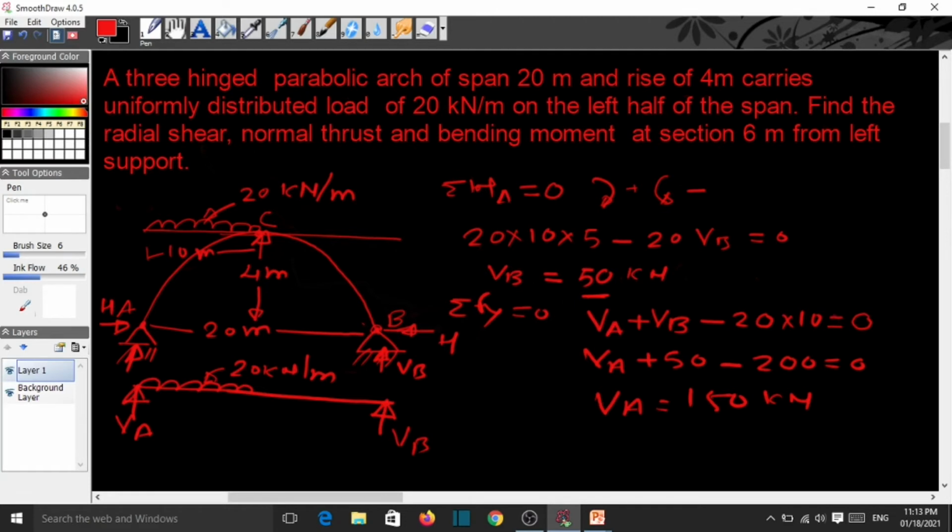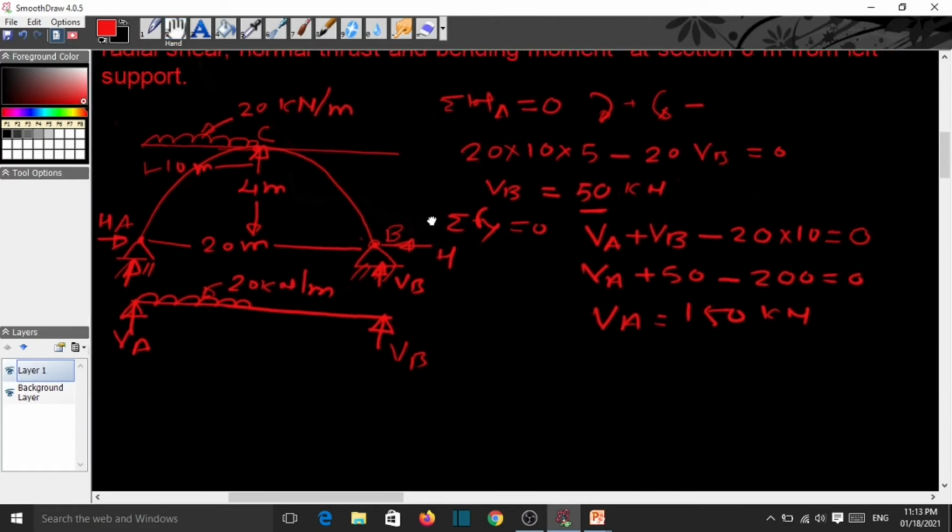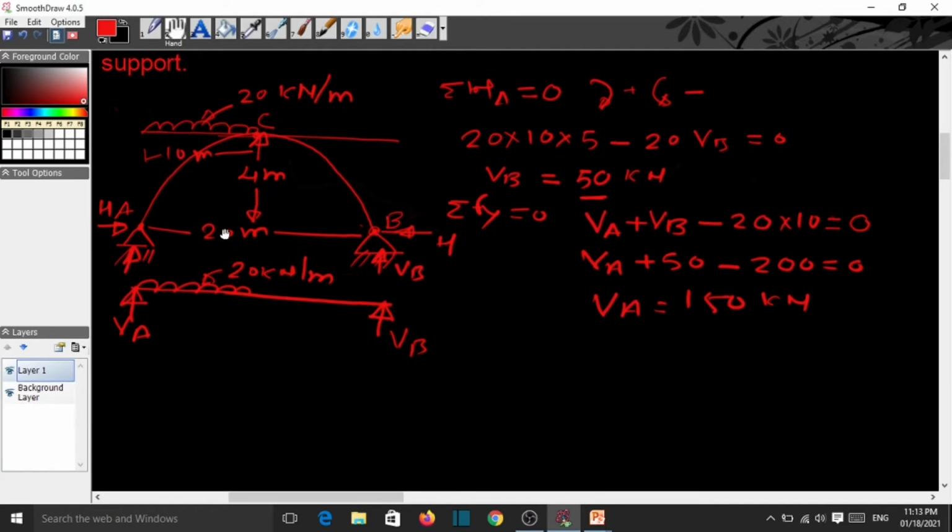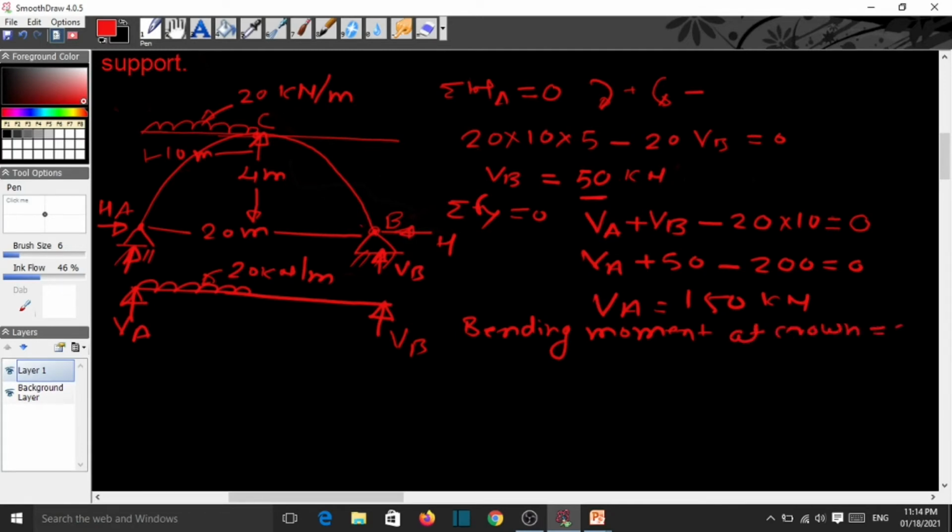Bending moment at the crown is equal to 0, because at the C there is a hinge.